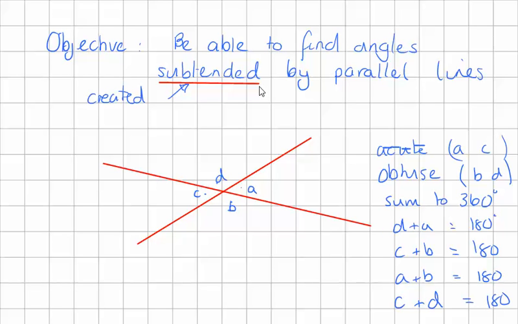So I can't say that A and C add up to anything yet because that changes. But if I look at my scissors, this one and this one inside always add up to 180, don't they? Not the same, but they add up to 180, yeah?